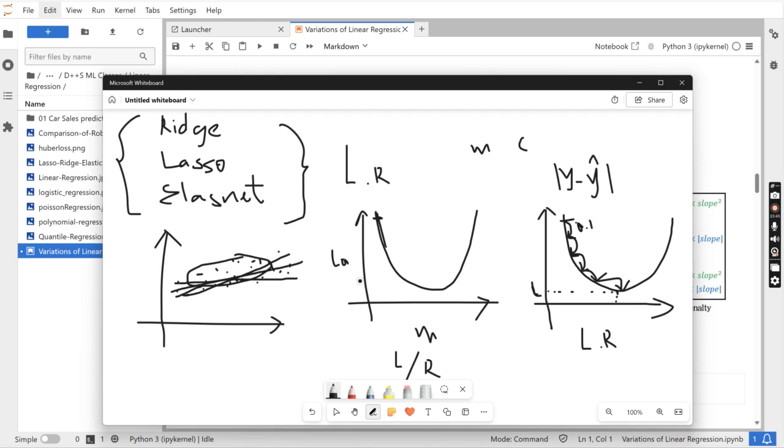In lasso regression or ridge regression, there is a slight modification. Because you have added the penalty to this term, lambda times the sum of m squared or absolute value of m, what you are saying to the model is, every time you take a step below here, I am still not happy with the calculation of the loss that you have done. Go back further.